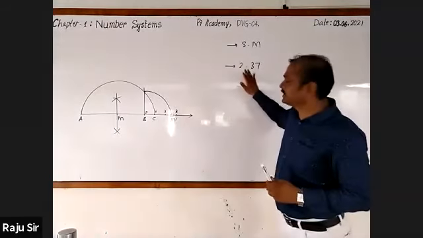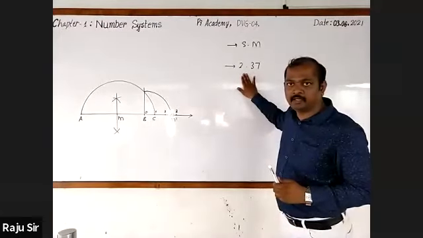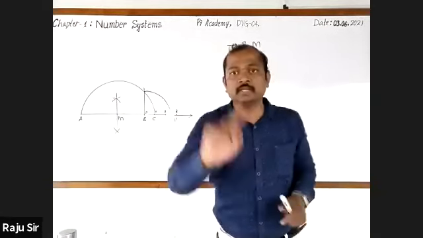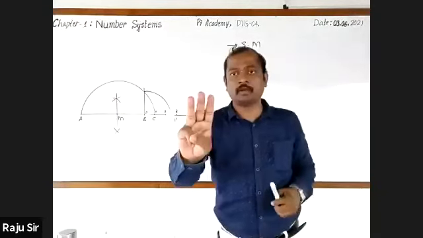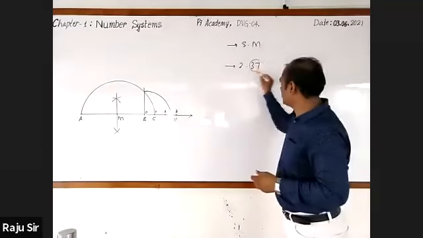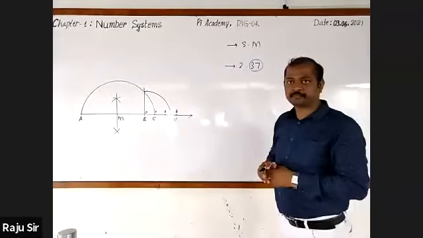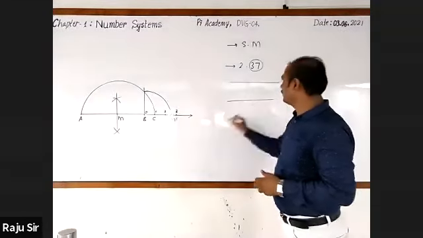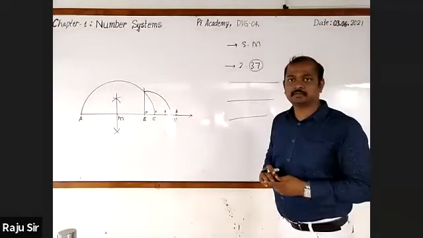Yes, 3 should be drawn because 2 digits are there in the decimal part. 1 for whole number and 2 for the remaining digits.